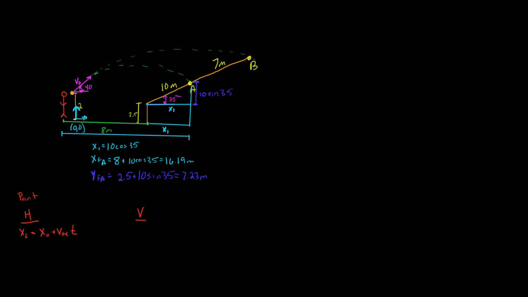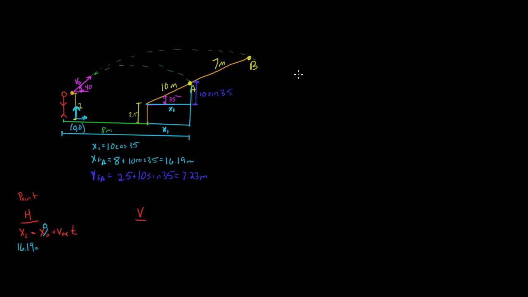And we have this x final position. We just found it. It's 16.19, which is equal to an initial x position, which is going to be 0, plus our v naught x. And what is our v naught x?